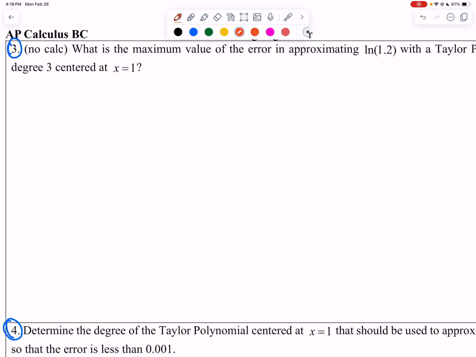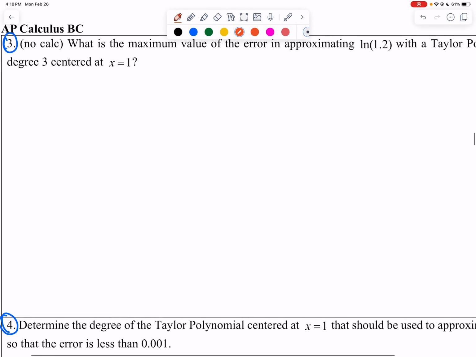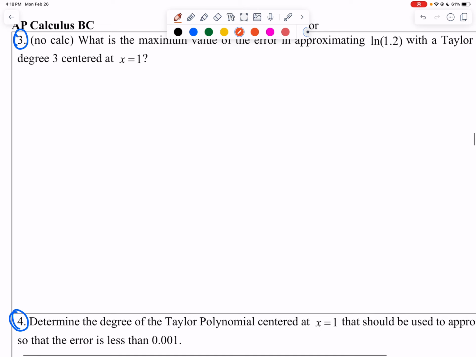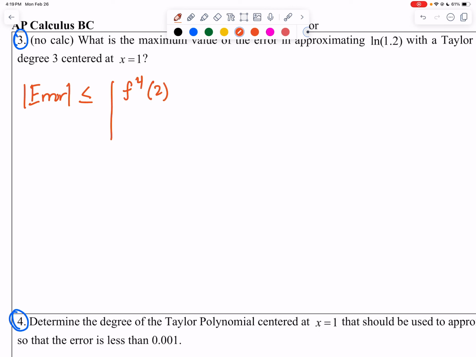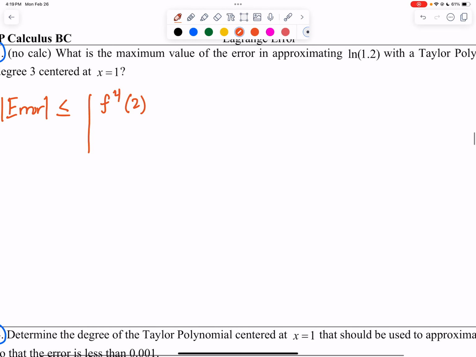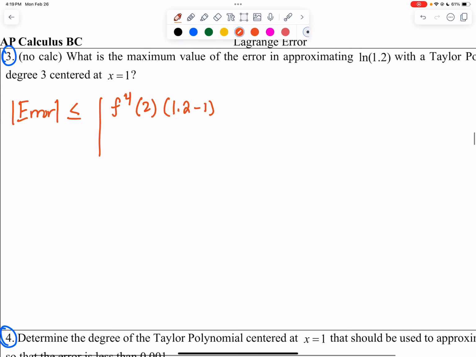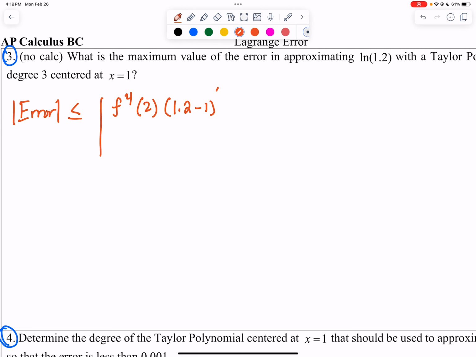No. However, I do need to find the derivatives, because I am going to need the fourth derivative, since I need the maximum at z for my fourth derivative. x is going to be 1.2. My center is going to be 1. Since this is a degree 3, this means that my degree is going to be 4 over 4 factorial.